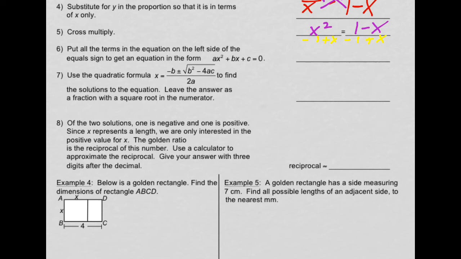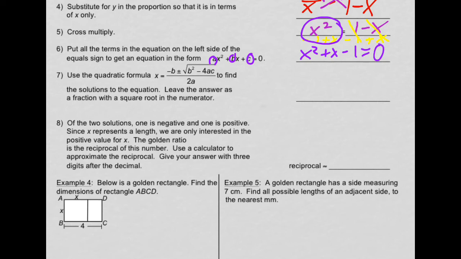And of course 1 minus 1 cancels out, and negative x plus x. So that all equals 0. We have x squared plus x minus 1. See where we got that from, this stuff right here? And that's in our ax squared plus bx plus c format.